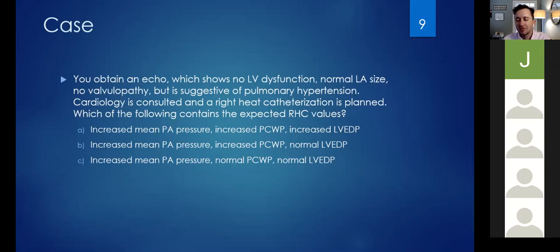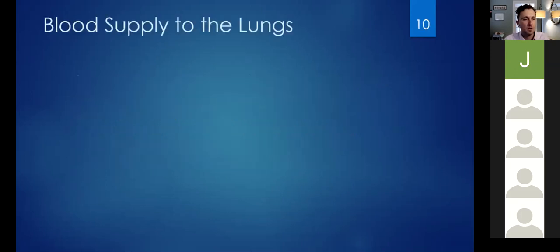We need to at least get a couple of answers here, and we'll go through it all. But there we go. We got B, C. Okay. Good. So mostly C, a few B's mixed in there. So let's run through everything, and then we'll come back and visit our case.